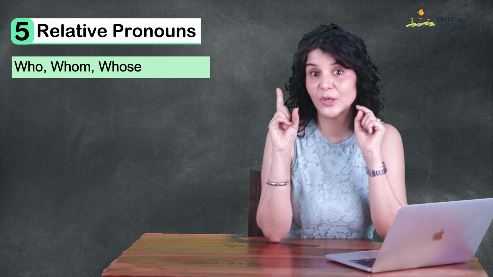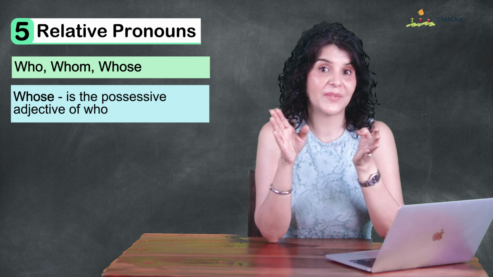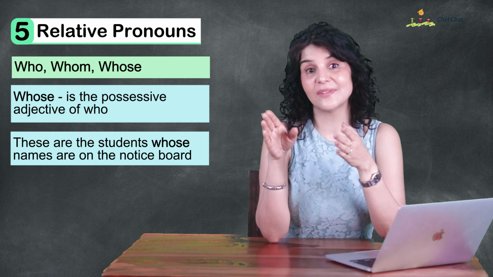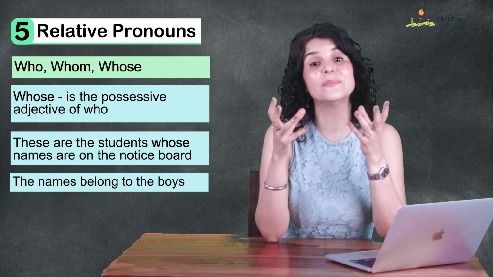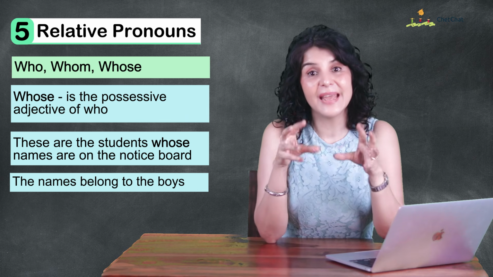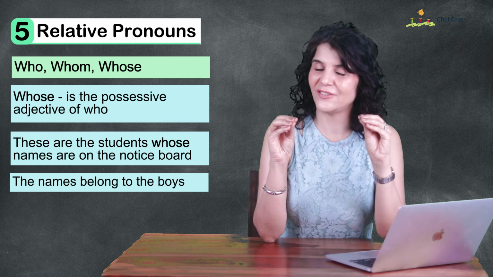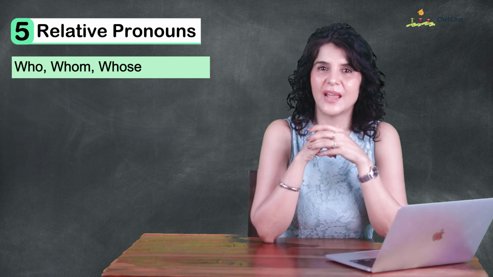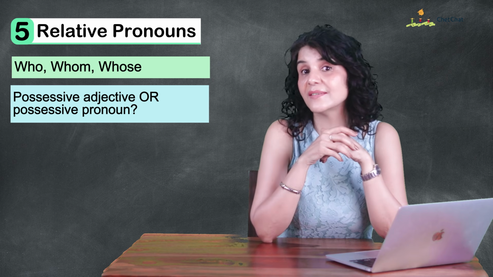Remember the table that we saw earlier? Whose is the possessive adjective of who. These are the students whose names are on the notice board. The names belong to the boys. They are possessed by the boys, hence possessive adjectives. Quick question. How do we know it's a possessive adjective and not a possessive pronoun?